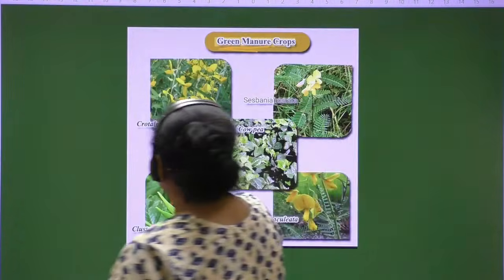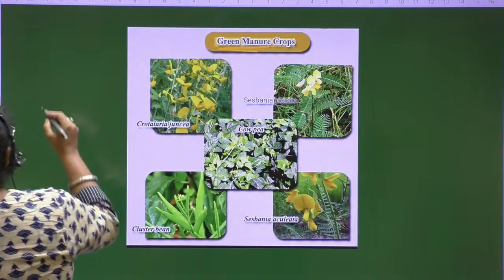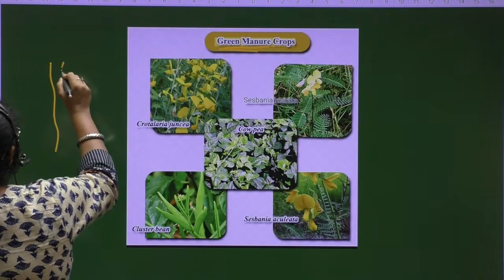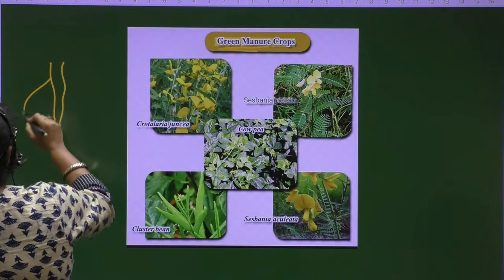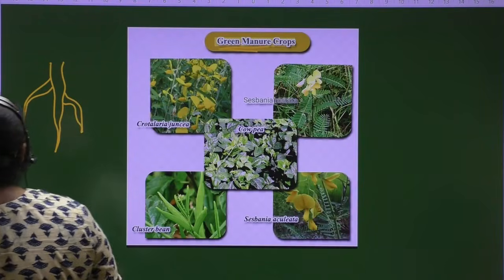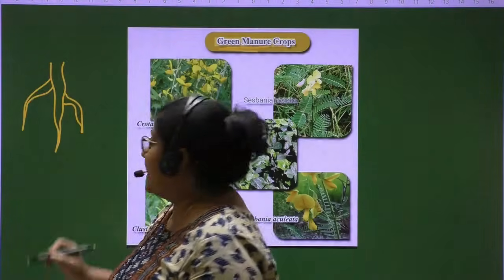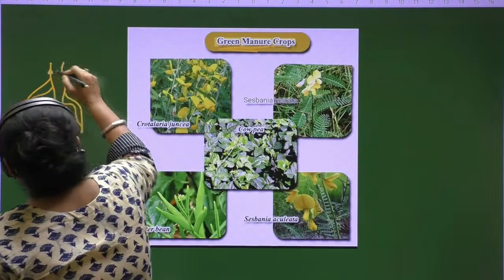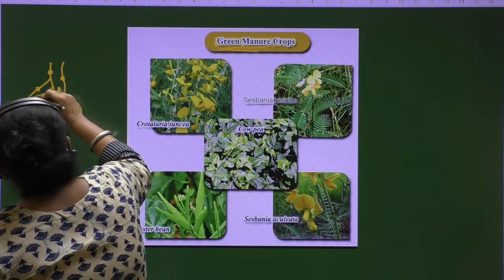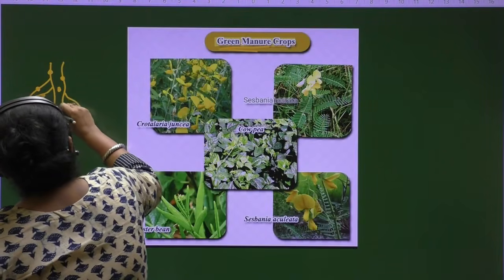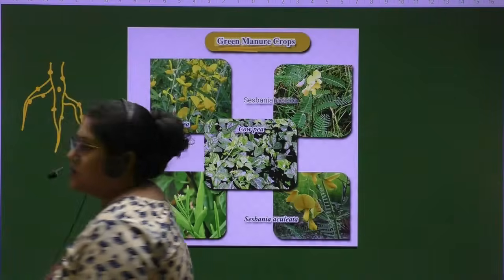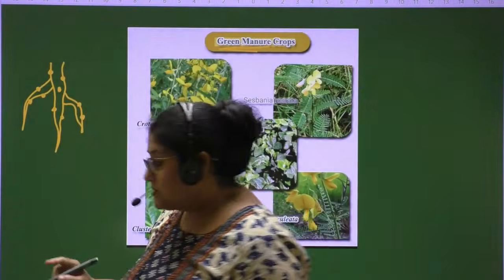Let us see. Now these plants that you see, if you see their roots, suppose for example this is the root of the plant. These are the branches. If you see the roots very carefully, you will find such swellings on them, just like a mosquito bite. What are these swellings called?